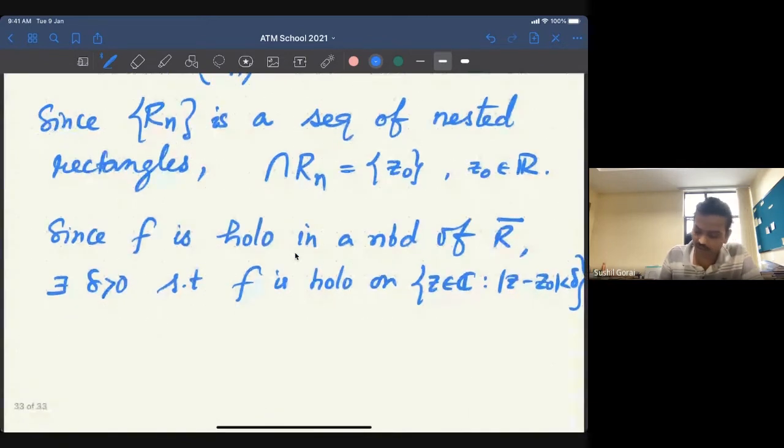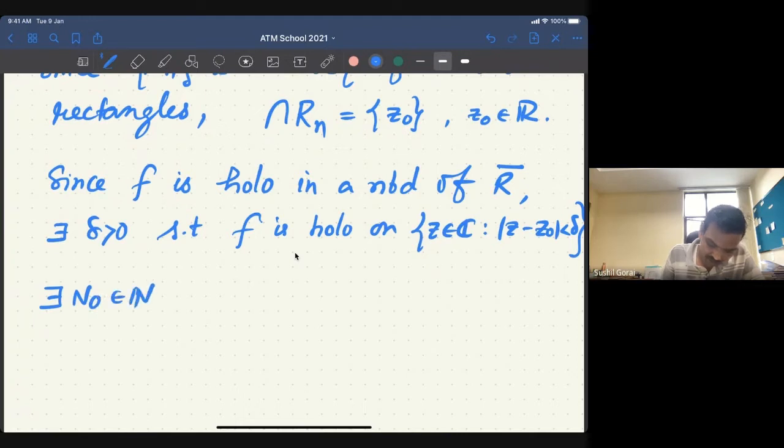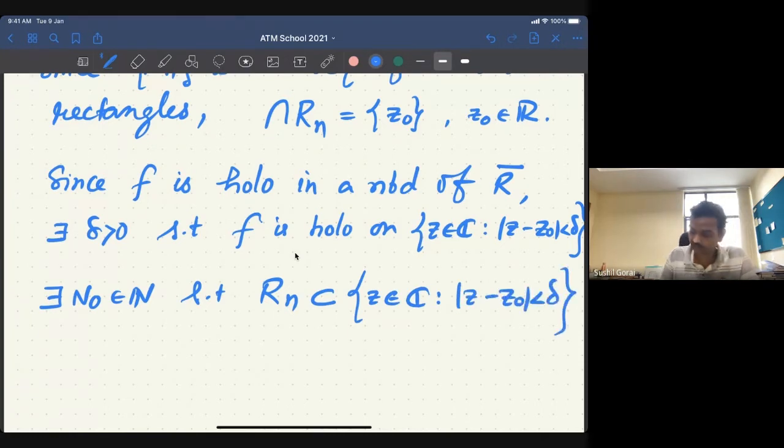So on the delta neighborhood of Z0, F will be holomorphic. And since the diameter of Rn converges to 0, for this delta there will exist an n0 natural number such that Rn will lie in this set, Z in C such that mod of Z minus Z0 less than delta. And this is true for all n greater than n0. All right. Is this clear? Is there any question here?